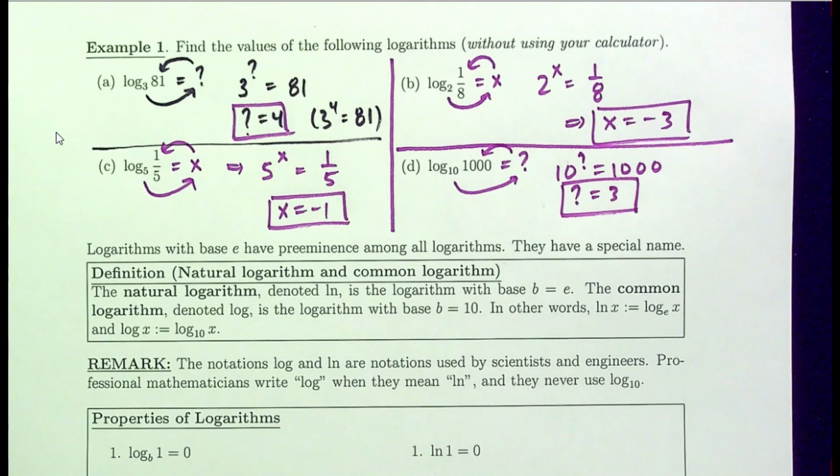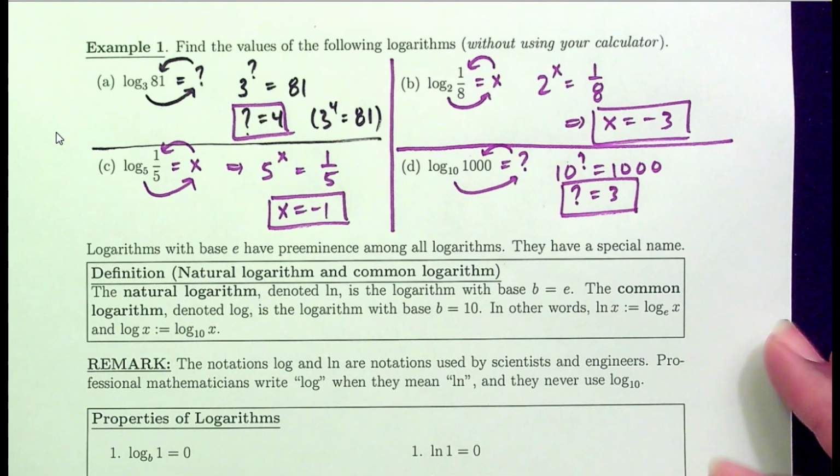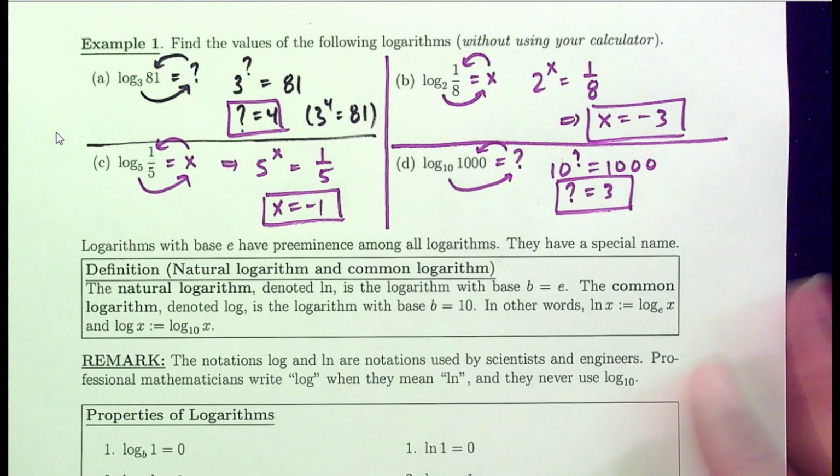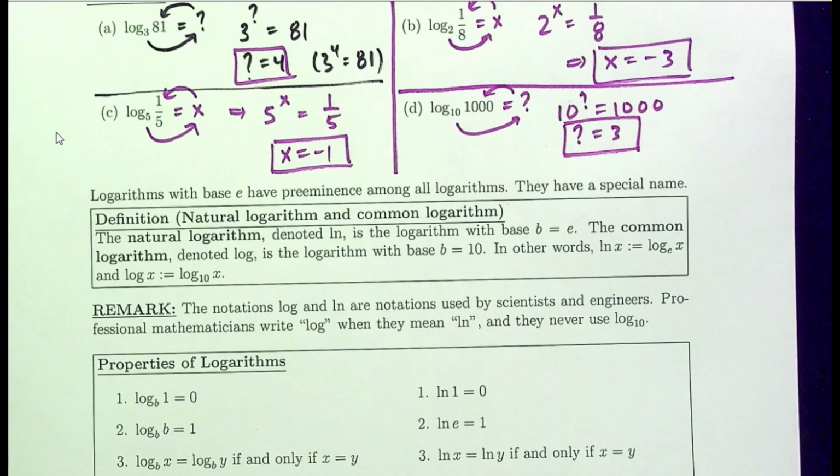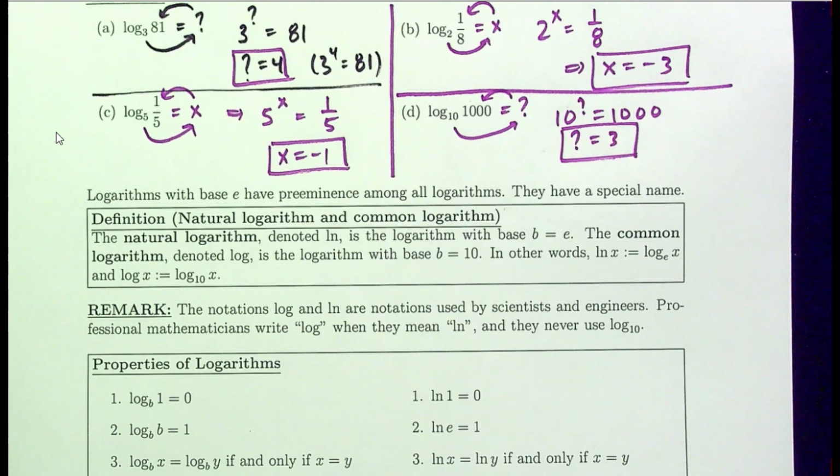Okay, so it is important for you to understand how to unravel logarithms and understand how they work, figure them out. Now, not all logarithms are equally important. Amongst all logarithms, the most important logarithm by far is the one that has base e.